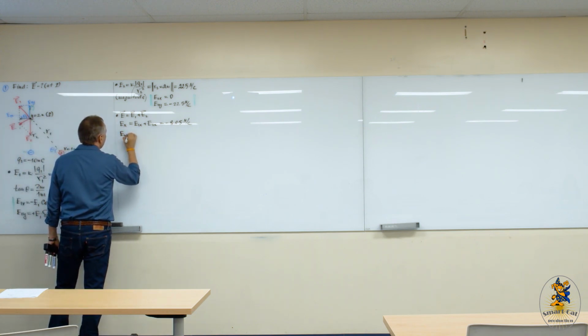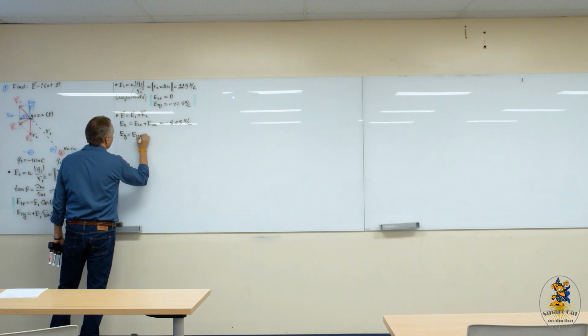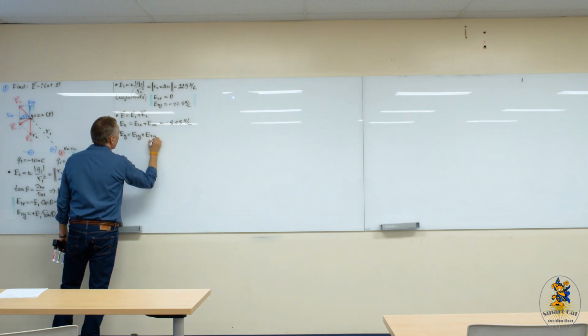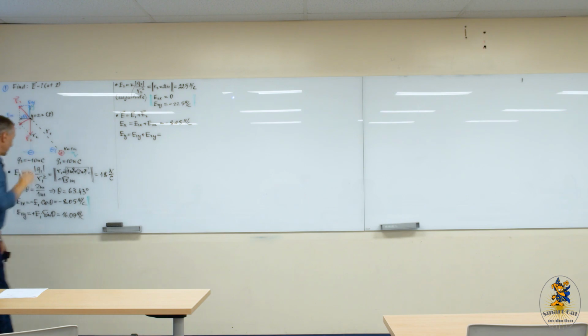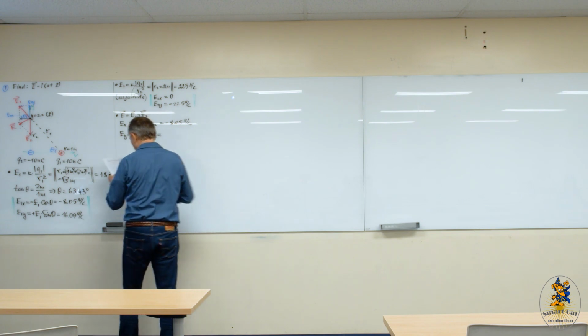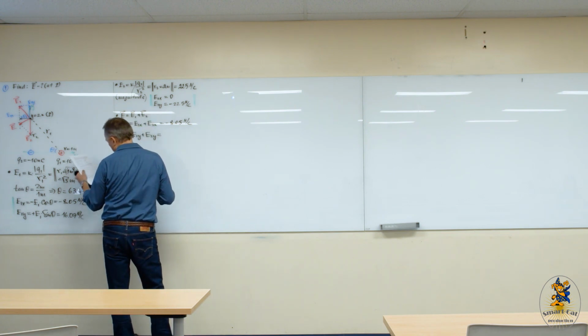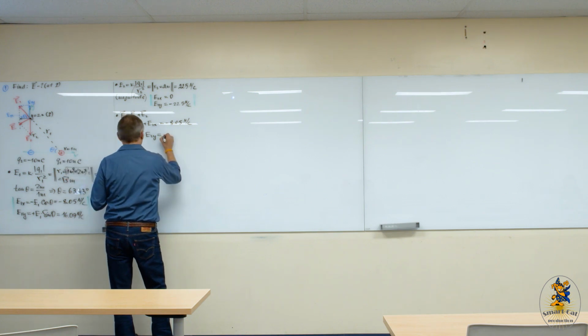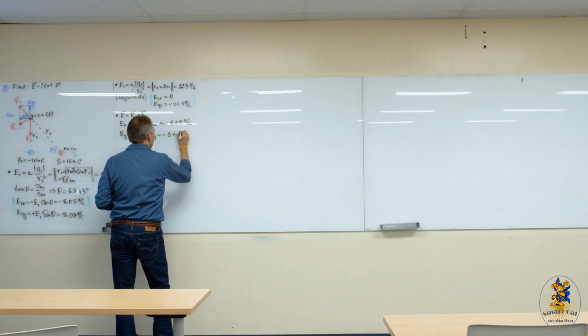Y equals E1y plus E2y. 16.09 minus 8.05. No, I will use my notes. Minus 6.4. Makes sense? Yeah. So it will be minus 6.4 newtons per coulomb.